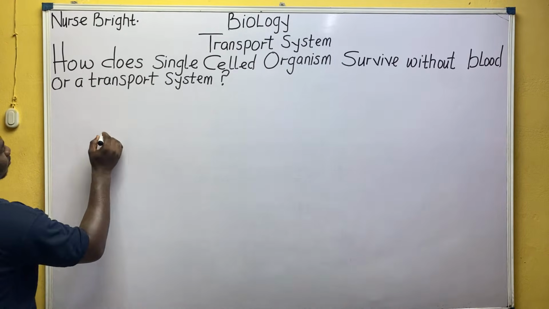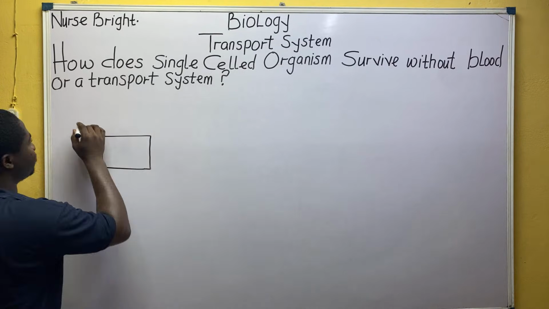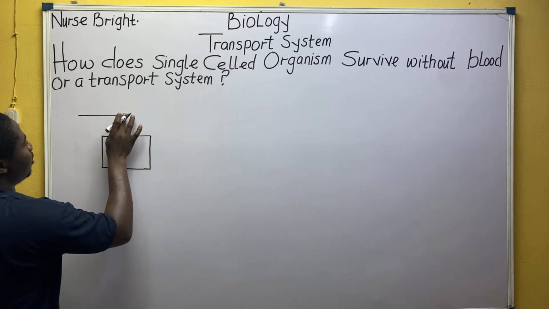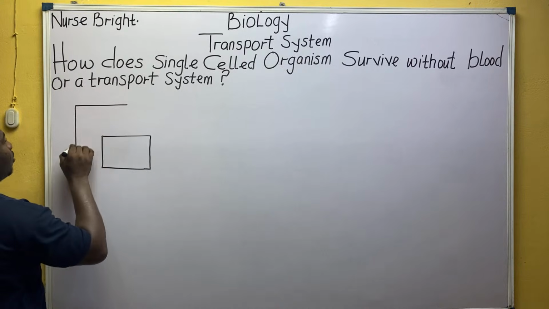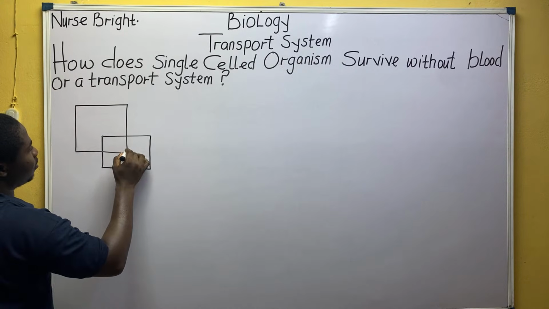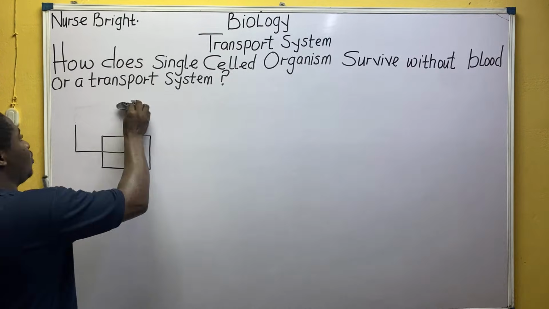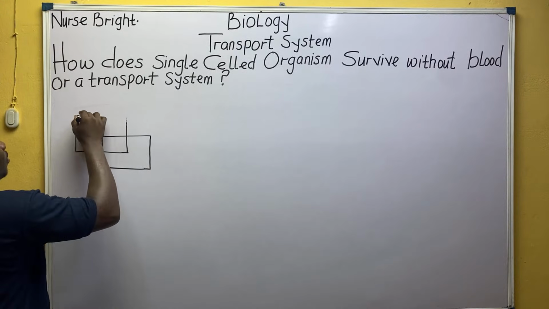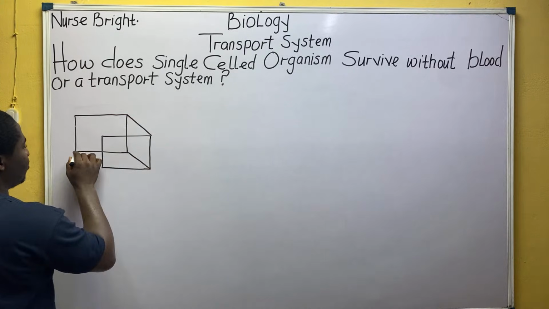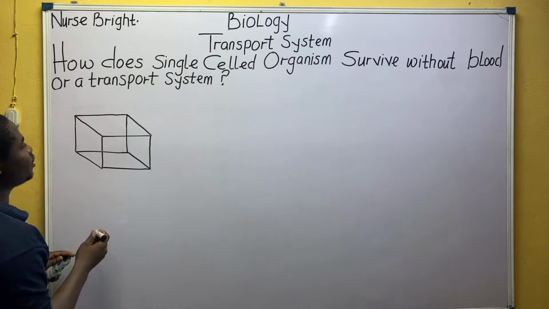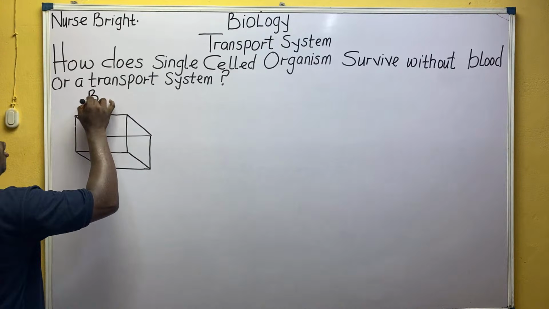Alright, let's take it again. So let's say this is the box, and this is another one. Assuming this box is a cell, this box 1.